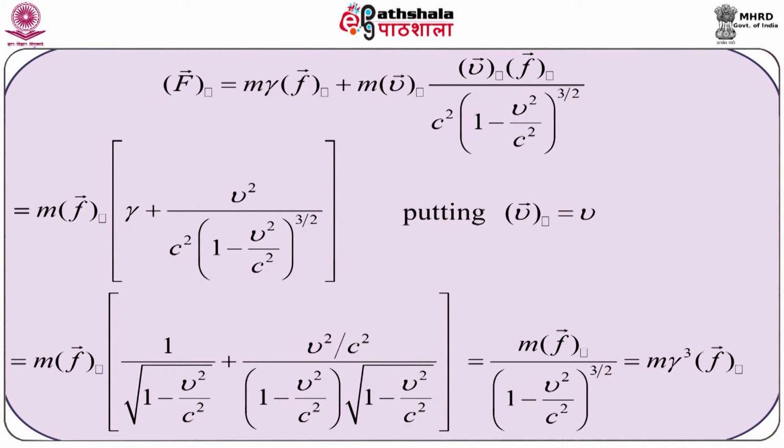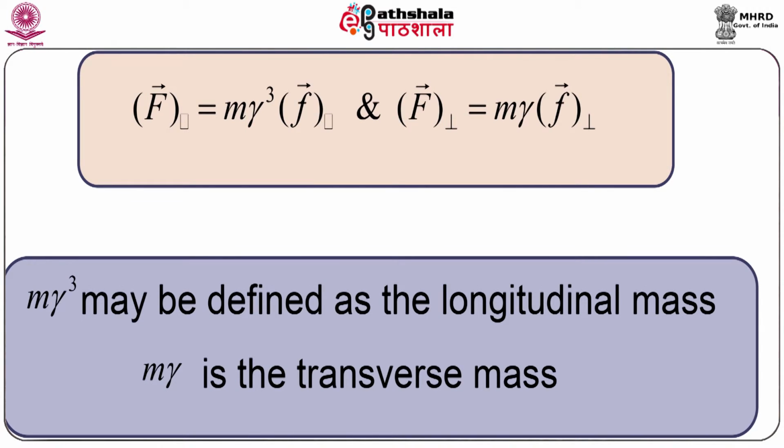Here we have substituted the value of gamma, and on simplification we get this result. Thus, we have parallel component of force vector is equal to m into gamma cube into parallel component of acceleration vector. We have already obtained the perpendicular component of force vector, which is m into gamma into perpendicular component of acceleration vector. Please note the difference between the parallel and perpendicular components of force vector.